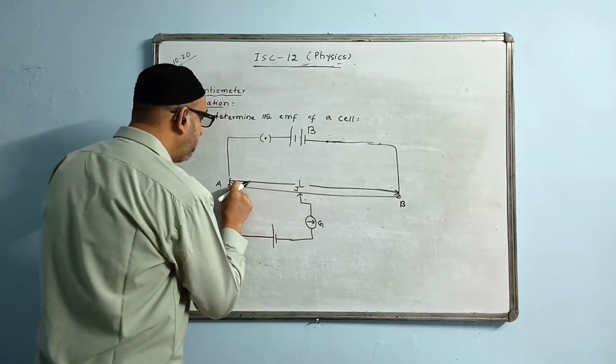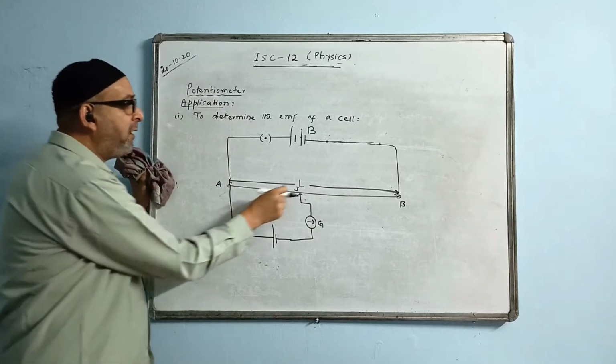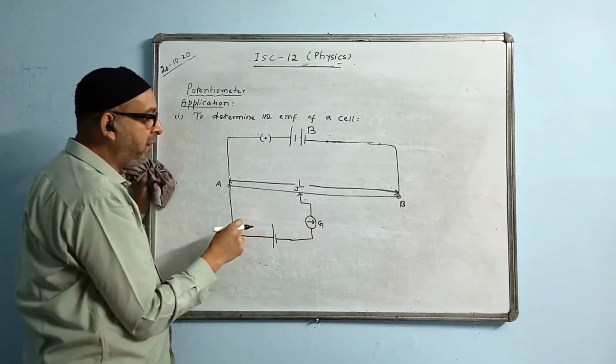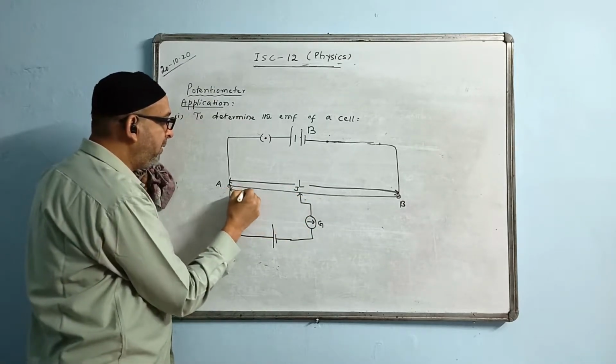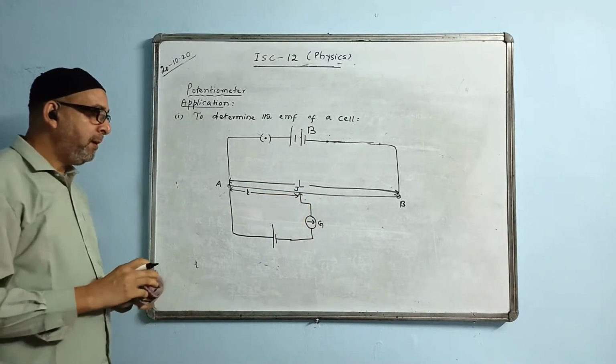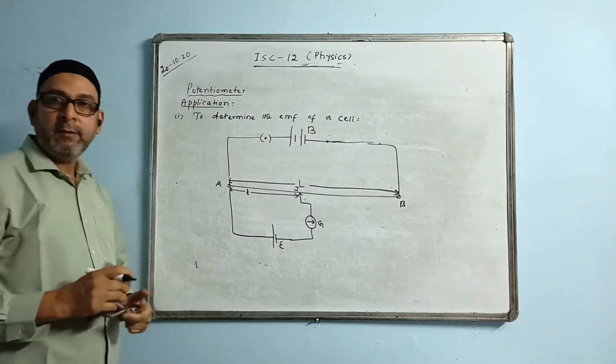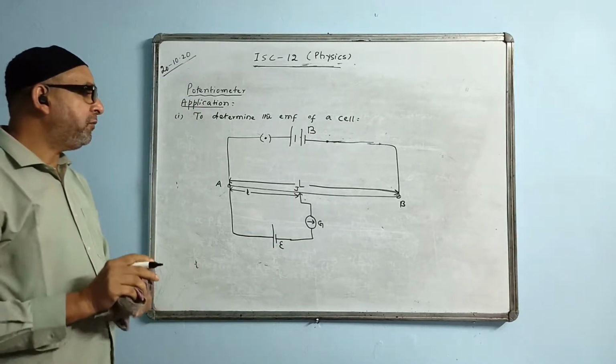The jockey will have to slide on the wire like this. And when null deflection takes place, that length will be noted down. That length will be called the balancing length, denoted by small l. And the EMF of this cell I will take as small e. The value of this e we want to find.